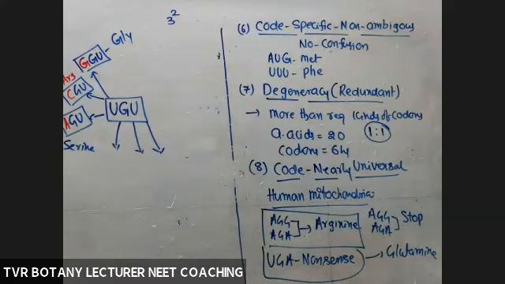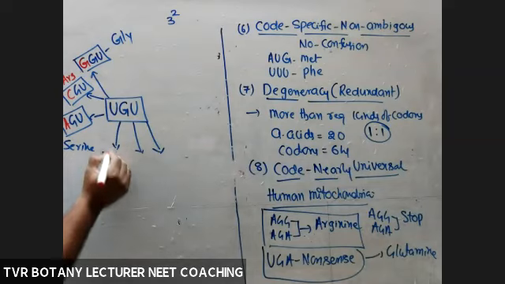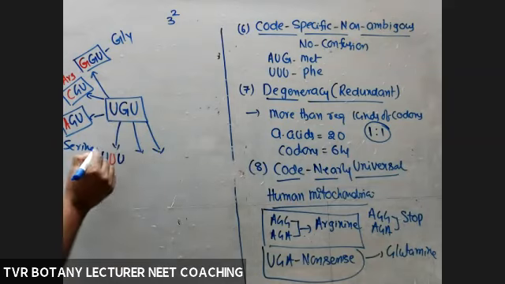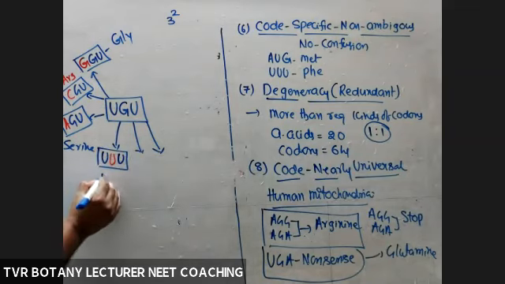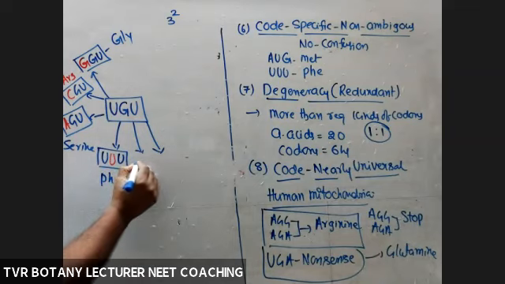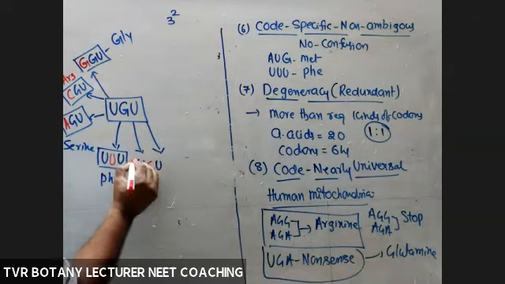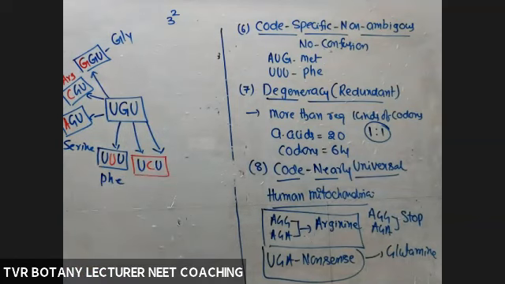First start with U: G replaced with U, and again U. So the change is in one nucleotide only. This one codes for phenylalanine. Next, U, then in between use C instead of G, and that is coding for serine.